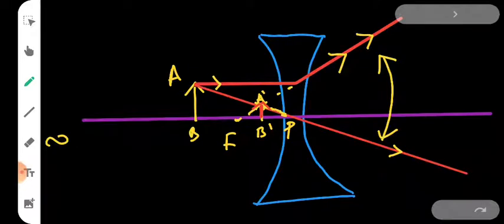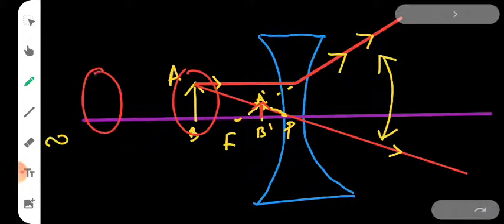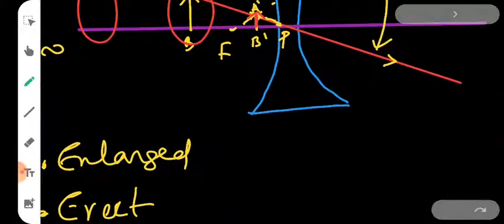See, in every situation, whether the object is placed here or anywhere between F and P, this is what is going to happen. The common trend that repeats is that you have the object A, B, and the image will always be a tiny one like this, A prime B prime, and it will always be erect.